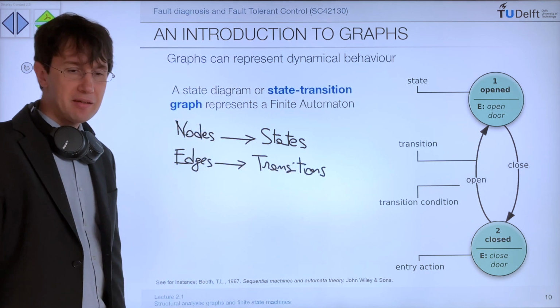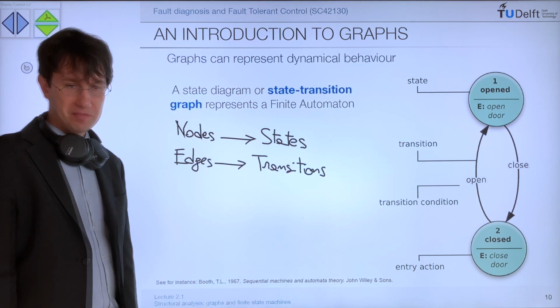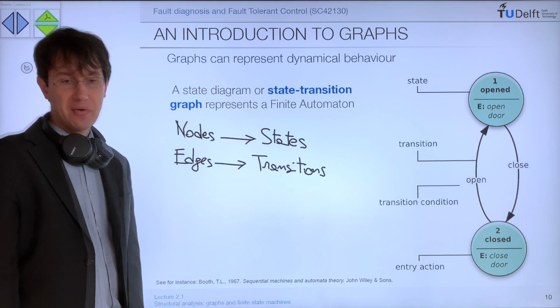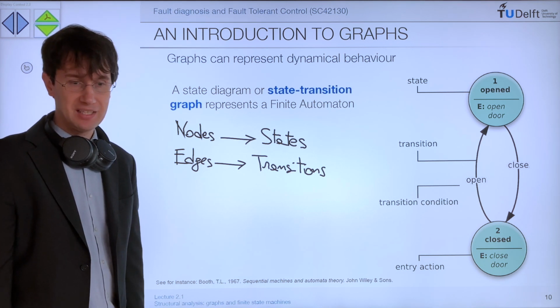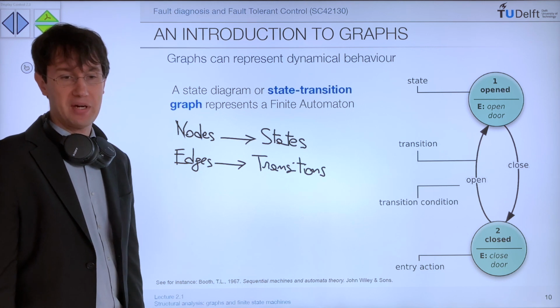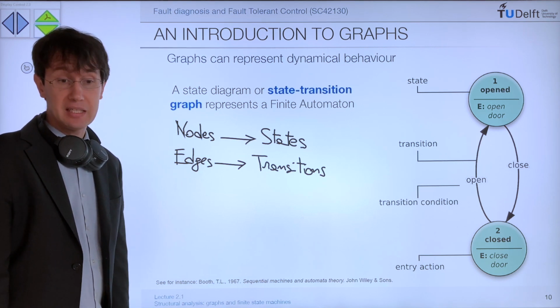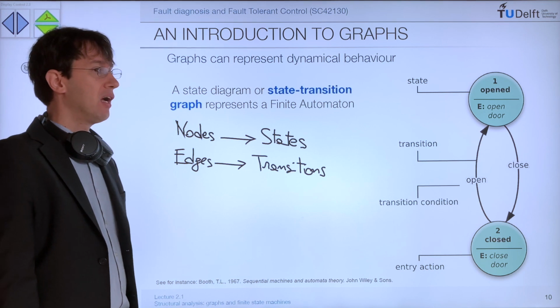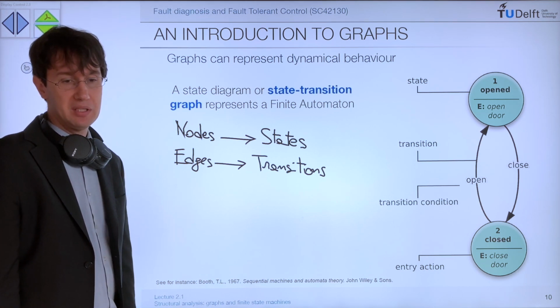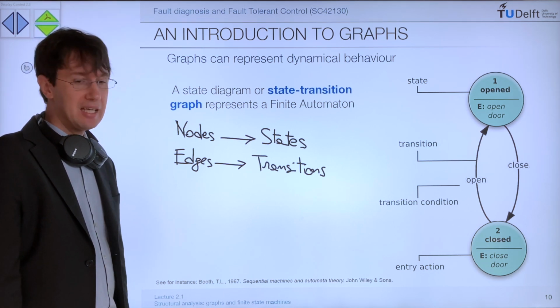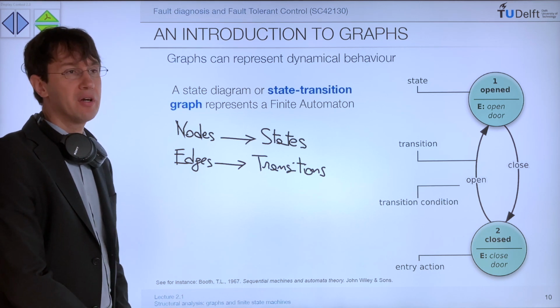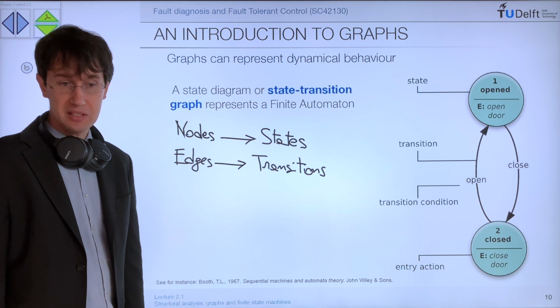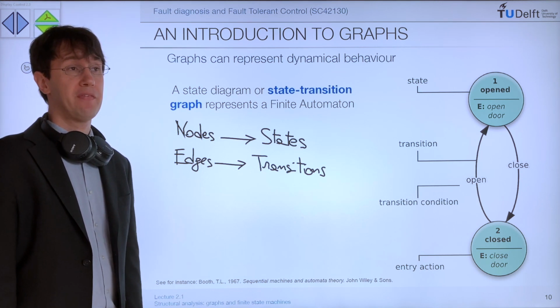So in the plain definition of a graph, we had edges that were represented with either two numbers, a 0 or a 1. So a 0 if no edge was present between two nodes, and a 1 when an edge is present between those two nodes. In the case of a state transition graph, this is no longer some static quantity, but it will become something dynamic.